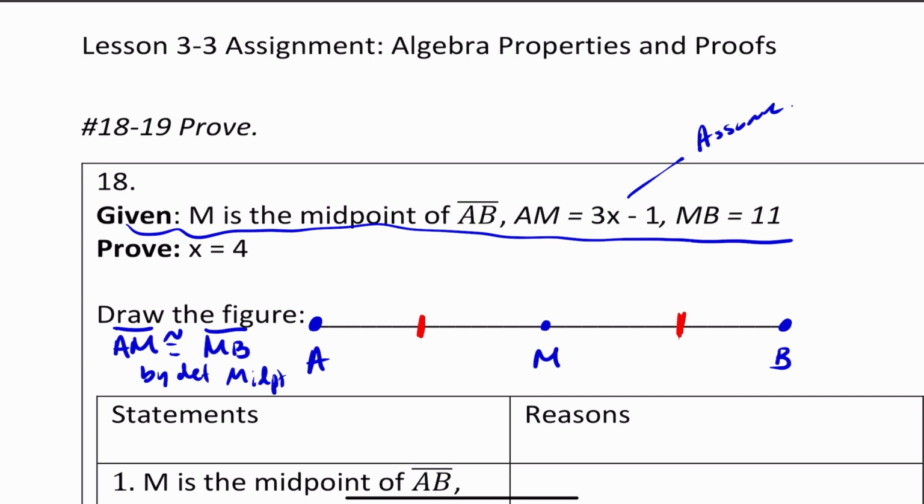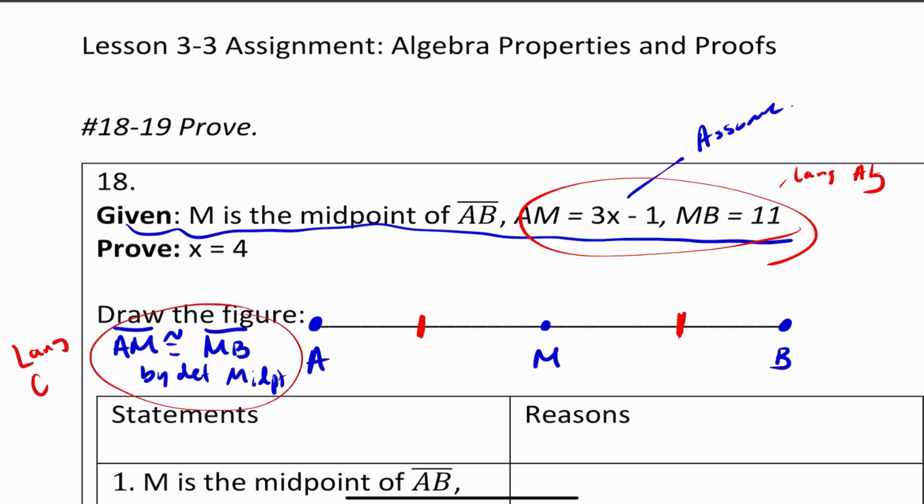Now, I noticed that this is in the language of geometry, and I'm given these things right here: measure AM is 3x minus 1 and measure MB is equal to 11. This here is in the language of algebra, and over here is the language of geometry.